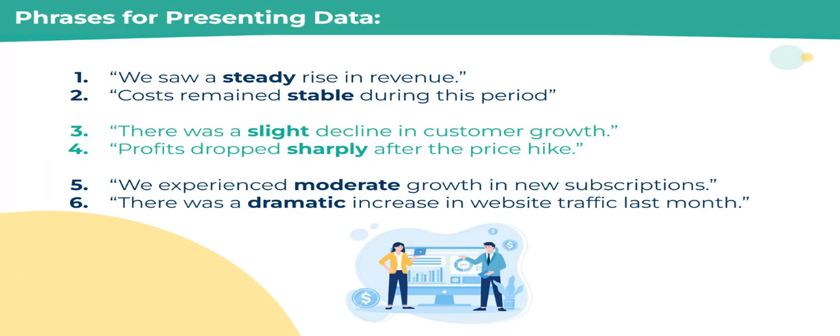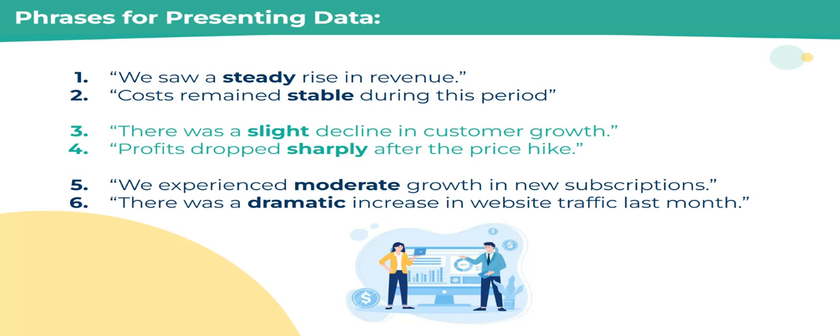Okay, well, we're going to use some vocabulary words that we've looked at there in some example sentences. We have some here as phrases for presenting data. So have a listen to our example sentences. Number 1, we saw a steady rise in revenue. Number 2, costs remained stable during this period.